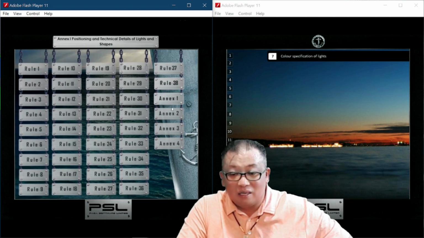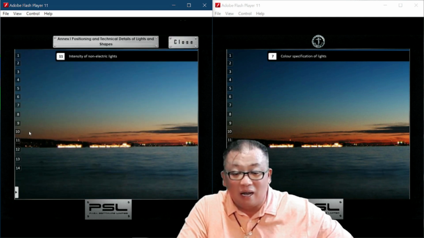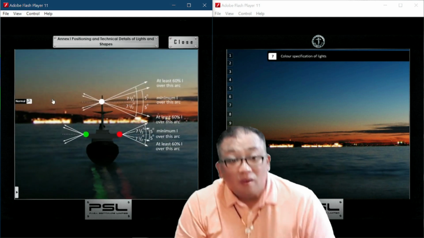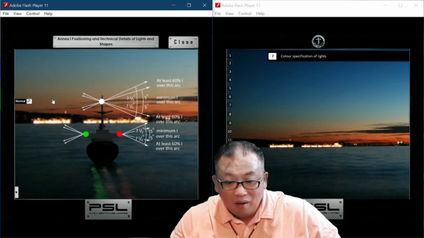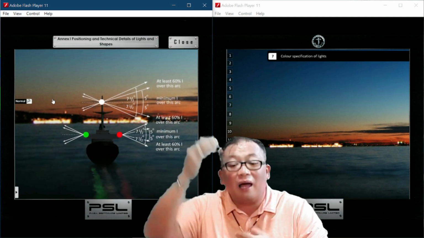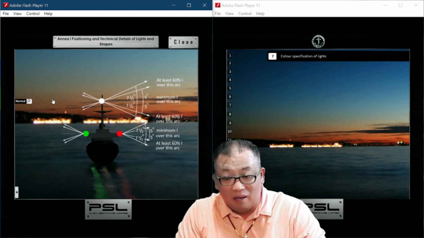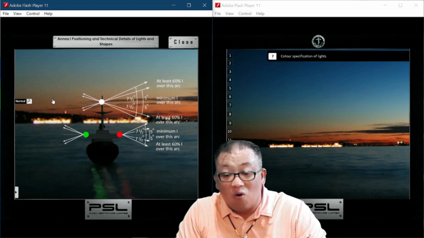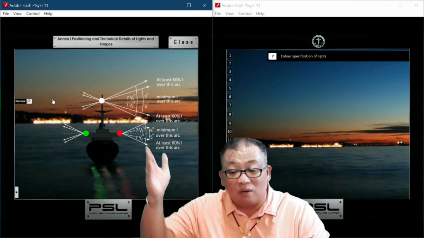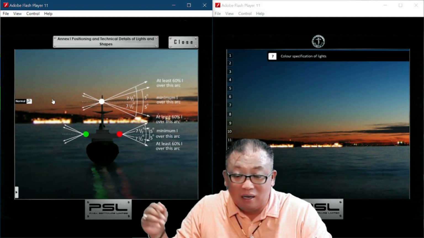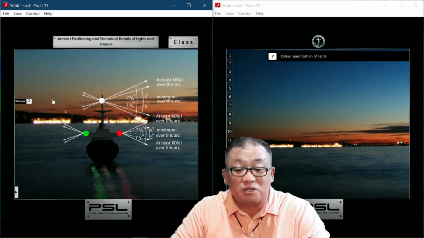Okay, this is what Annex 10 alpha is all about. Here there is, for example, a light on top. The light on top is at least 60% over the arc. You can see this one. 60% over the arc, at least 60% over the arc.